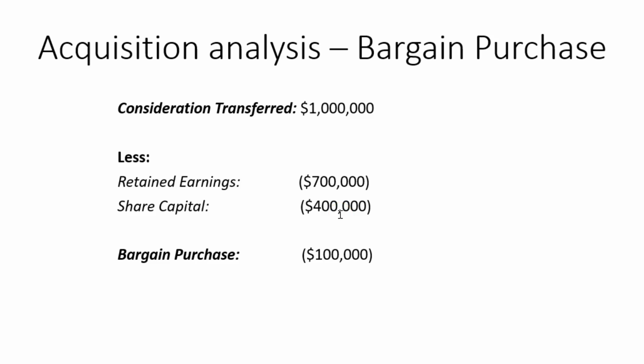So that means that we made a bargain purchase of $100,000, i.e. we paid $100,000 less than what the fair value of the assets we were acquiring were worth. And so we've made a gain that we'll recognize through our profit and loss of $100,000.